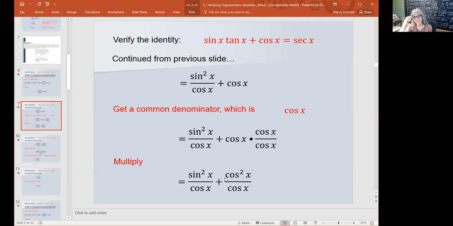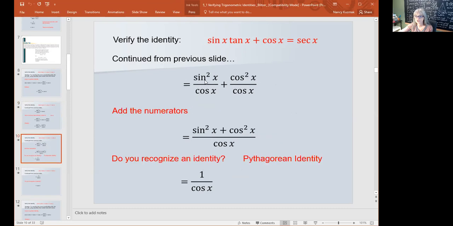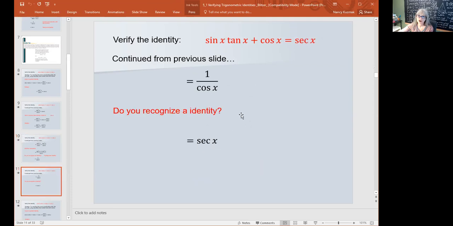Well, that really reminds me of the Pythagorean identity, correct? Remember, the PowerPoints are in your Canvas to download. Now when I add them together, I'm going to get 1 over cosine x. And what's 1 over cosine x? Secant x. Correct. So when I continue this problem, I'm going to get that to be my secant x.